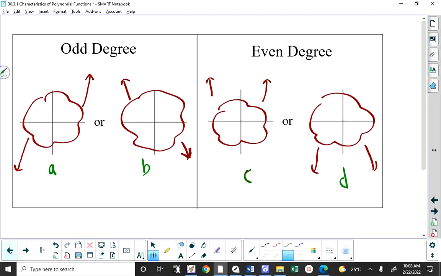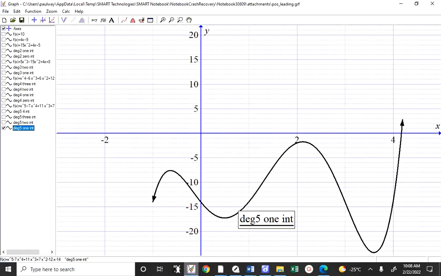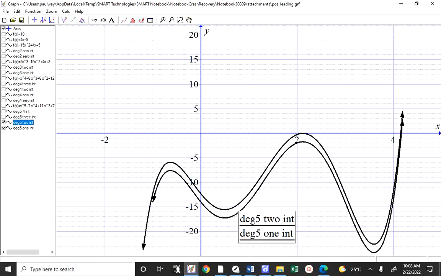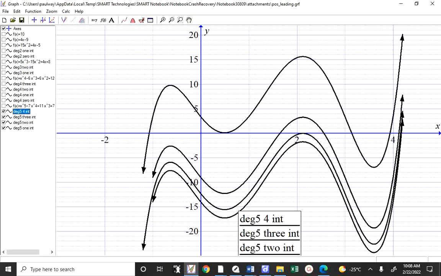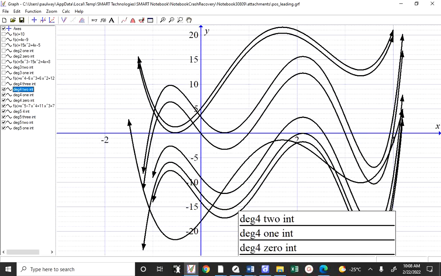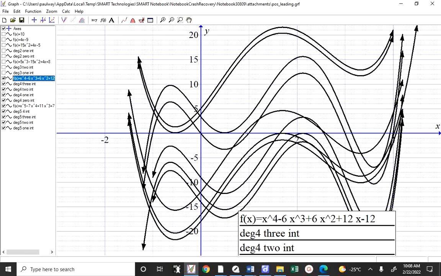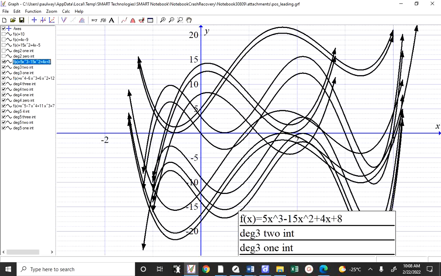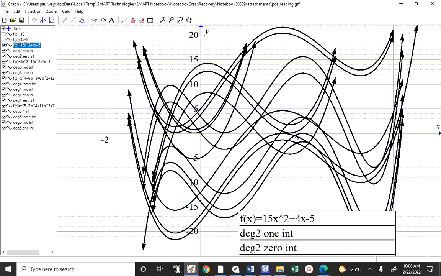Well, I'm going to go to my graph again. And I am going to put up all of these. It's going to get really ugly, with the exception of the constant polynomial function.